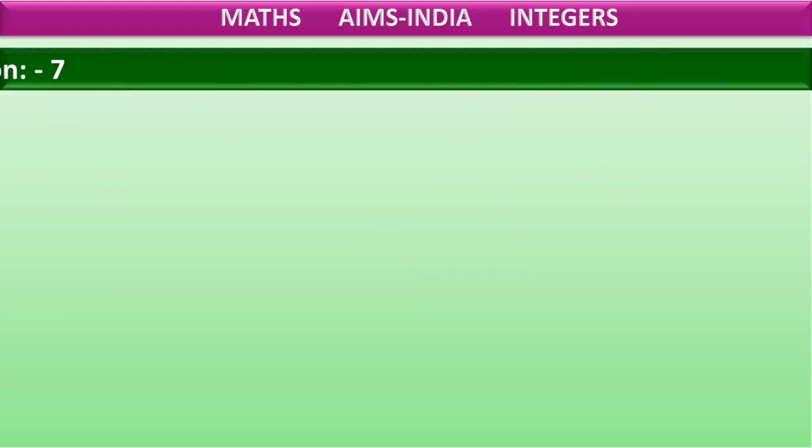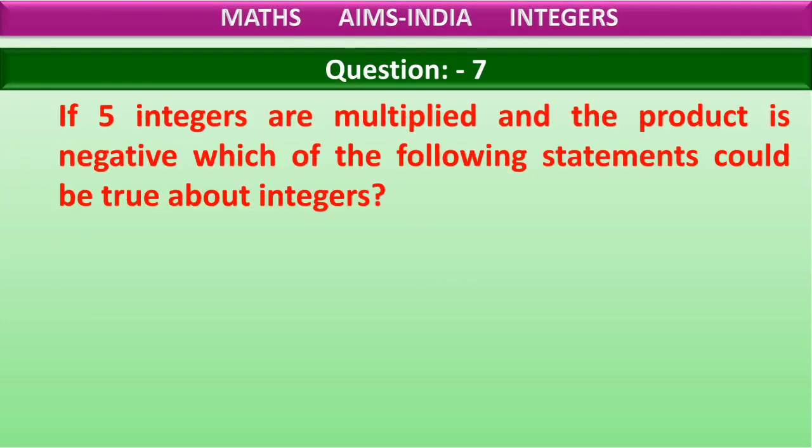Question number 7, the last question for the day. Listen to this carefully. If 5 integers are multiplied and the product is negative, which of the following statements could be true about those integers? What is he saying here? There are 5 integers which are multiplied and the product is negative.